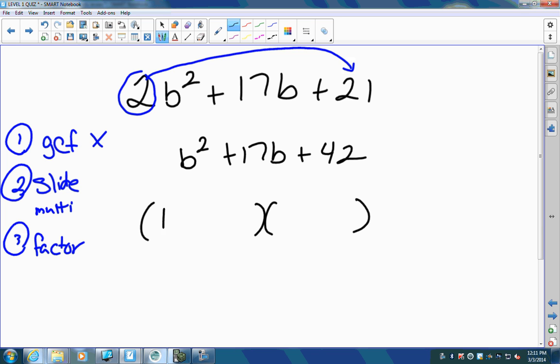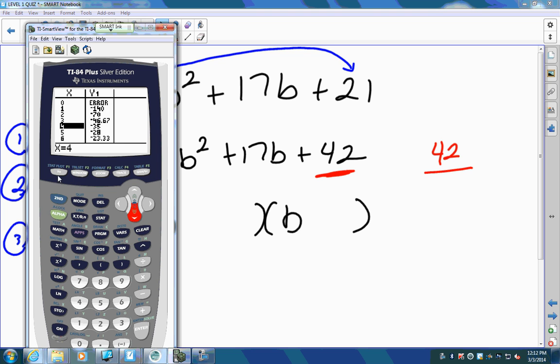The b squared splits up as b and b. I want the factors of the last number, 42. Now, if you go into the calculator, go into y equals, put 42 divided by x. What do I need my factors to add up together?